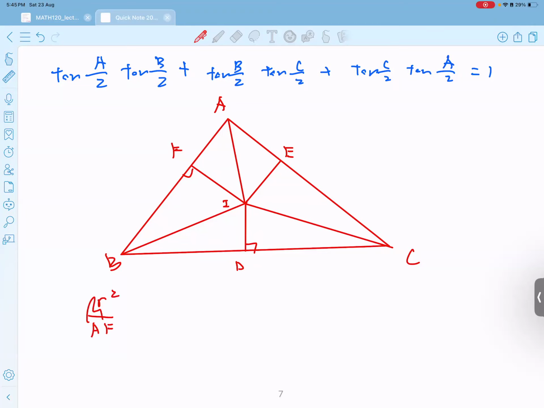So you can do a substitution. FA would be, so this is C, A, B, that's C, A, B. So FA would be B plus C minus A over 2.